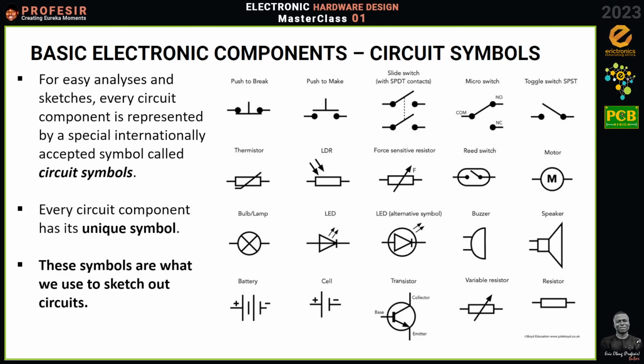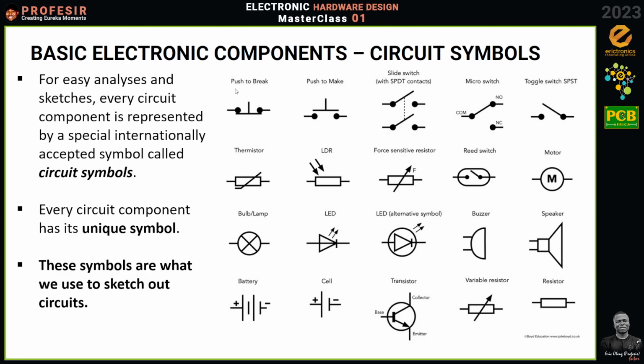Now I should also say that there are two forms of these symbols. There is one set that we usually call the American set, and we have the internationally accepted set, right? Mostly I use the internationally accepted set, but if you happen to see those used by America, you should know that that's also acceptable.